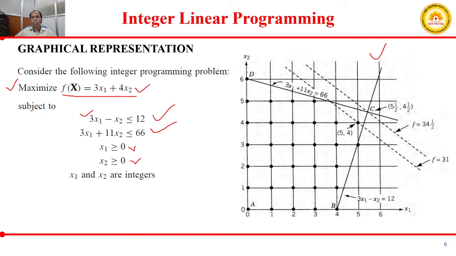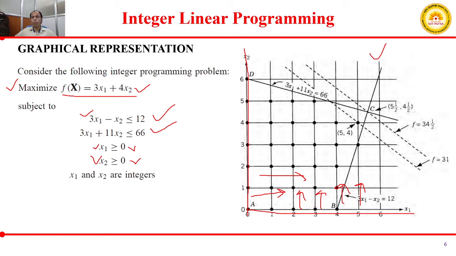Suppose x1 is greater than 0. For x1 greater than 0, this will be the line, and any value on the right side of the y-axis will be a feasible value. Similarly for x2, all the values above the x1 axis will be feasible values for this constraint.